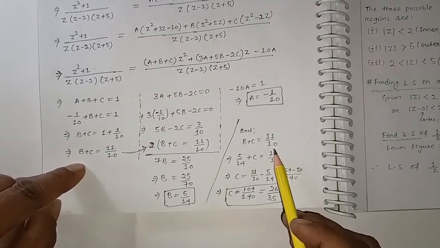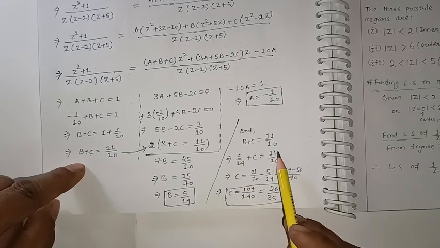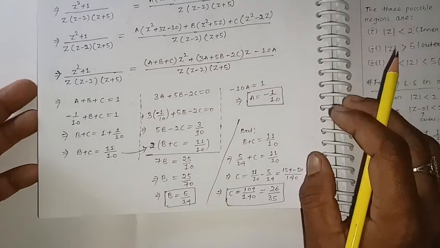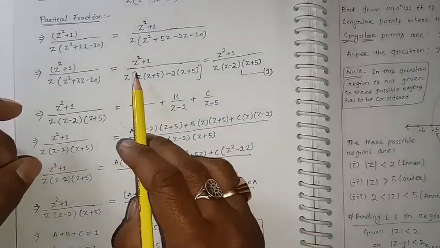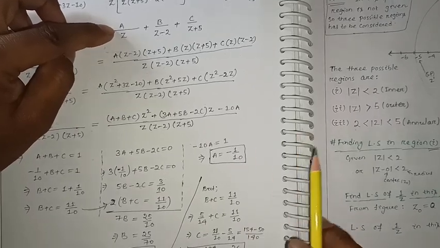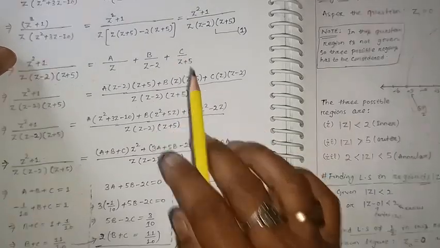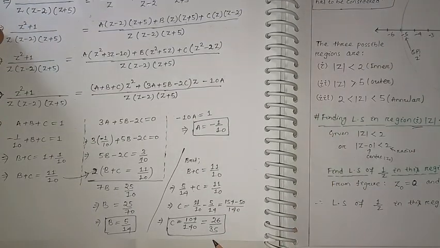But b plus c equals how much? We know 11 by 10. If I substitute b as 5 by 14, then c equals 26 by 35. So after partial fractions, we found a is minus 1 by 10, b is 5 by 14, and c is 26 by 35.